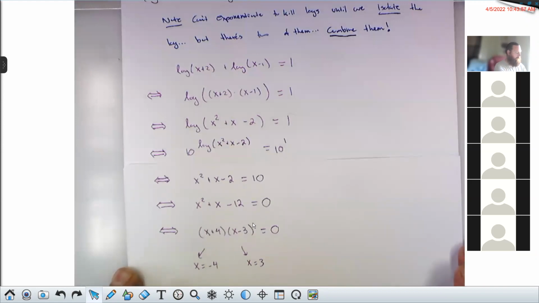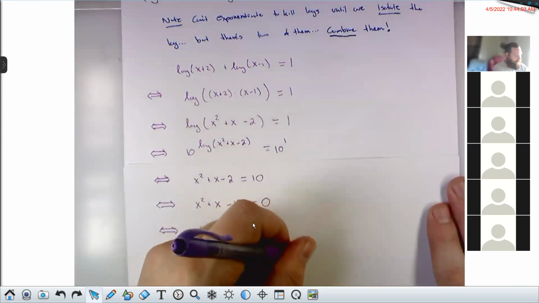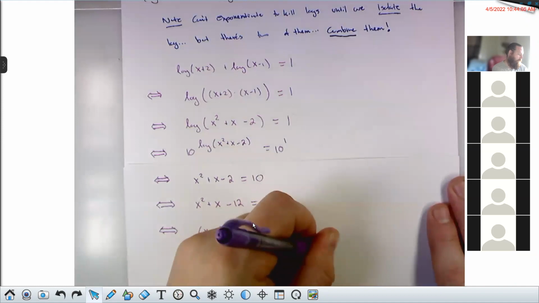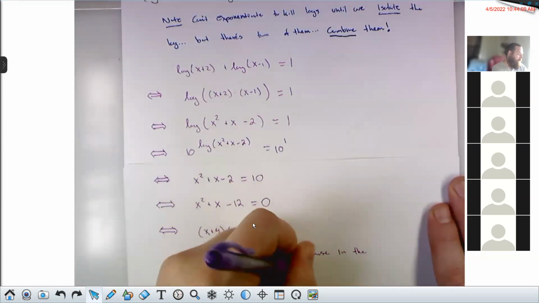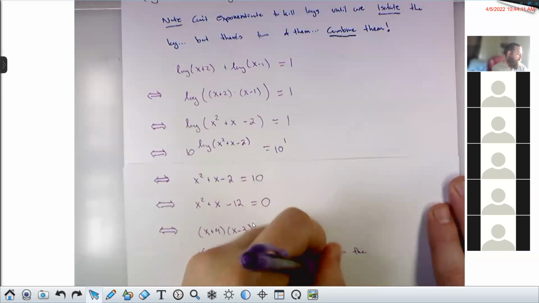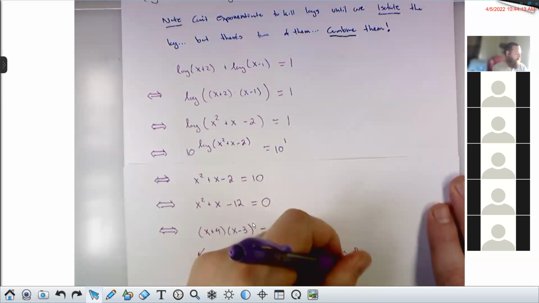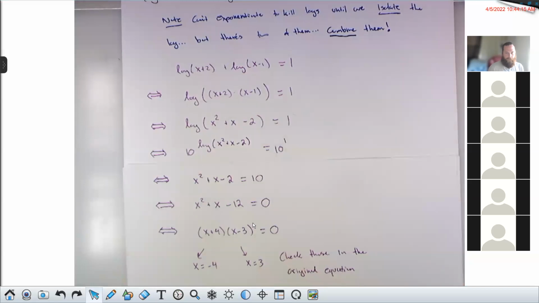One of these is extraneous. We need to check these in the original equation. You might be tempted to say, oh, well, the -4 is the problem because it's negative.